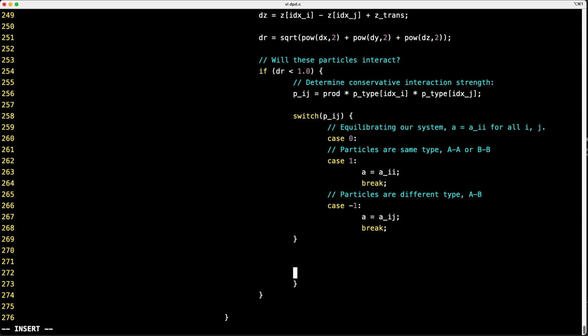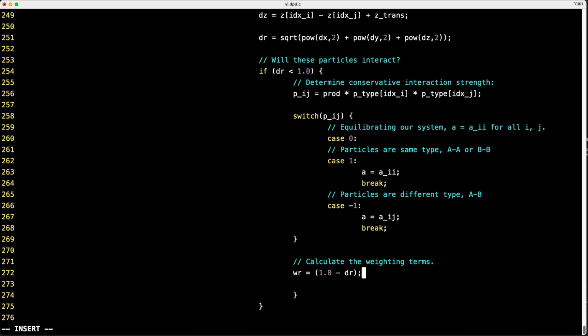Okay, so the particles are close enough to interact, and now we need what? Well, we need to determine, in addition to the coefficient of the conservative force, the strength of all the forces are going to depend on those weighting terms. So calculate the weighting terms. And we know that wR, in this case, is equal to 1 minus dr. But remember what we did in the conservative force, or sorry, in the harmonic force.